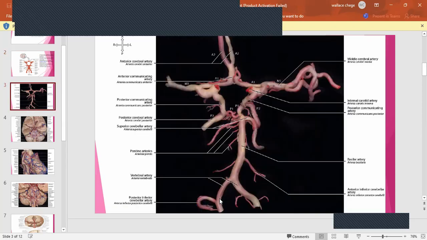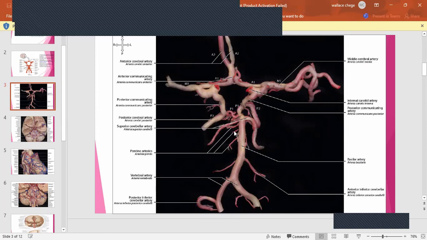Here you can see the two vertebral arteries fused to form the basilar artery. Basilar artery terminates by giving off this one, the posterior cerebral artery, which communicates with the middle cerebral artery via the posterior communicating artery. This whole system is the arterial circle of Willis.